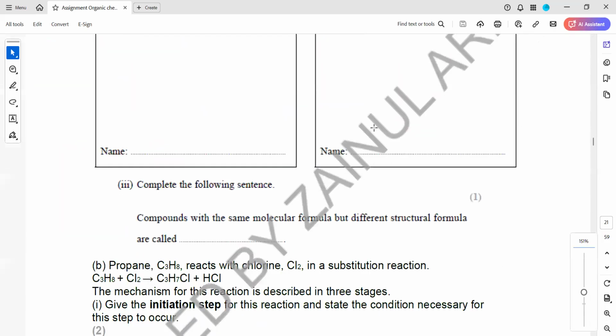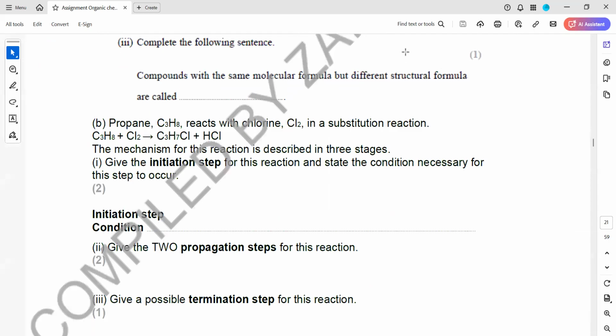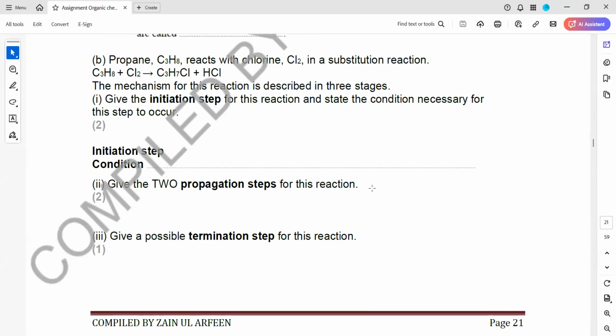Here we have to draw and name. Complete the following sentence: compounds with the same molecular formula but different structural formula, what do we call them? Structural isomers.